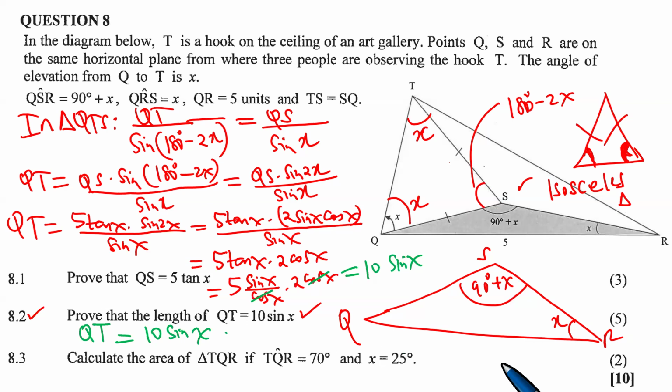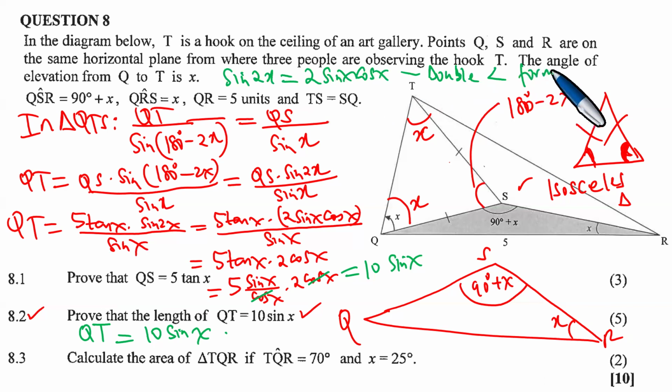Think about it. Sine 2x is 2 sine x cosine x. This is called the double angle formula. Double angle formula.